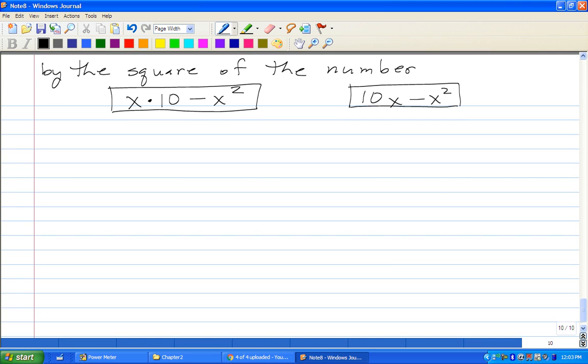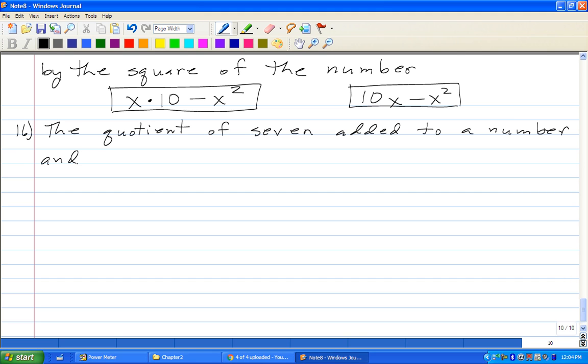Let me do problem 16. The quotient of 7 added to a number and 10 decreased from the number.